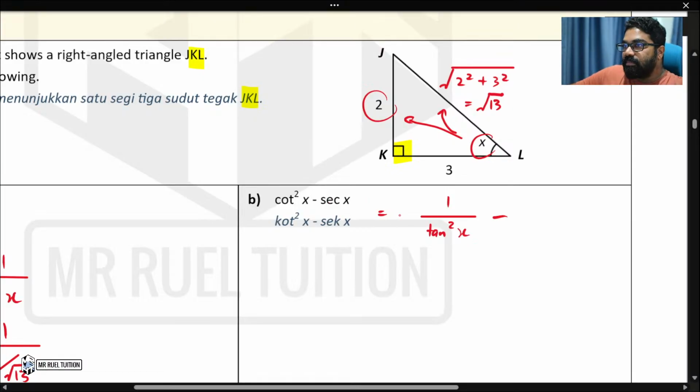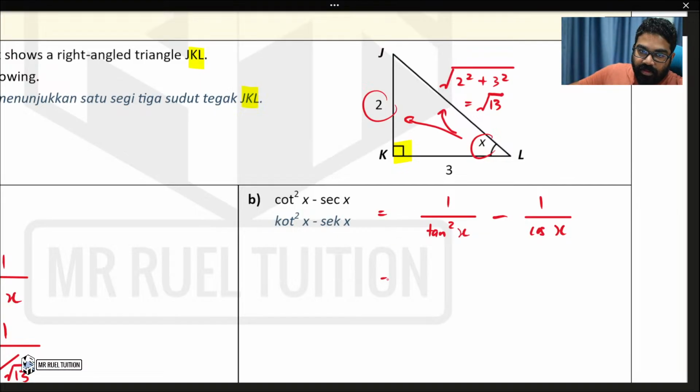What is secant? Secant is 1 over cos x. So come, 1 over tangent square.